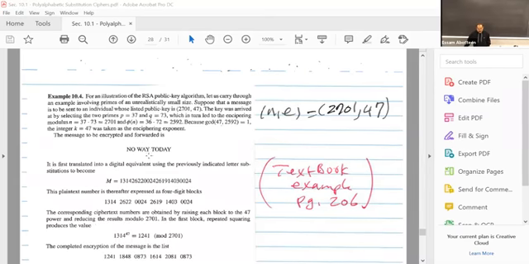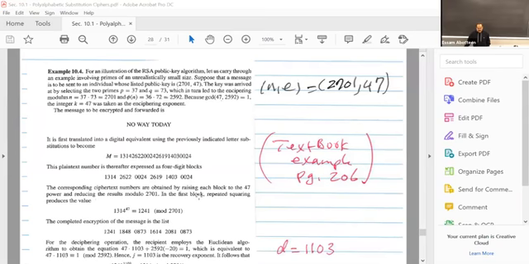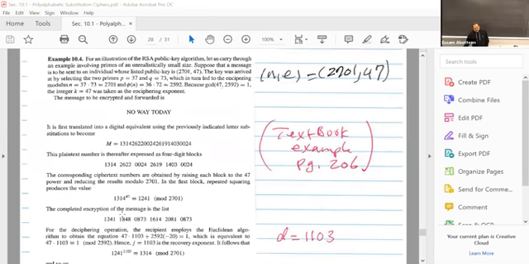All right, and if the message is "no way today", first we're going to translate this into numerical values, and we then partition this into blocks of a given length less than N, and here we'll partition it into blocks of length 4. And then we take each block and compute this block to the exponent E, which is 47. After finding the exponentiation of each block to the 47 and reducing mod 2701, we find the ciphertext.